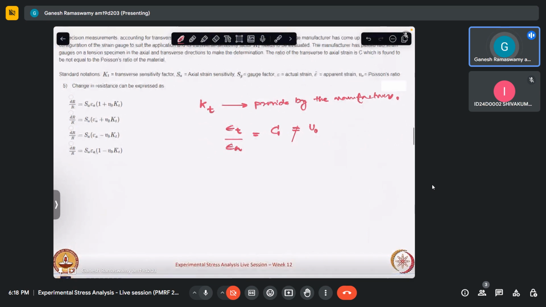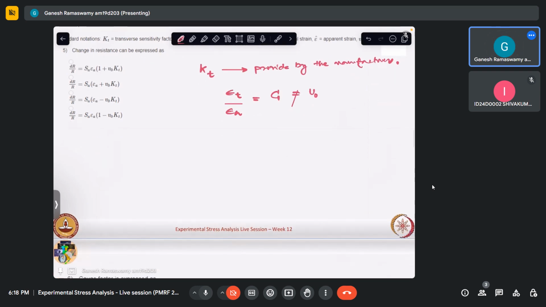Now what is asked is what is change in the resistance that is expressed. Okay. So here let us take it that the change in the resistance is a function of the axial strain plus the transverse strain, and essentially we will be dealing with the shear also, but shear is decoupled here, so this goes to 0.